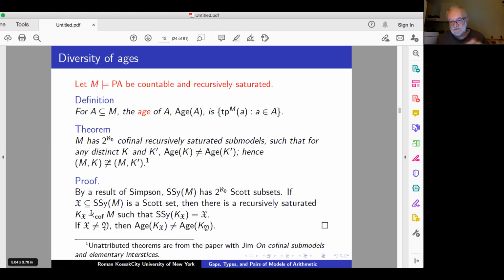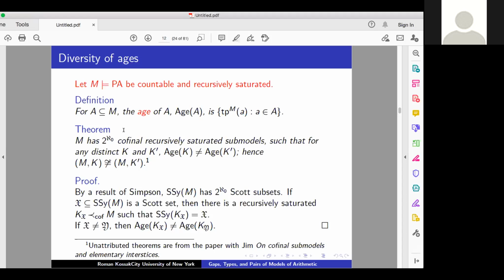But here, as I explained, it's a single element or a finite set of elements. It's really the same as this Skolem closure. The type is already there, so it roughly corresponds to the idea. And I like this. But this is very, very non-orthodox. No one has ever called it an age.